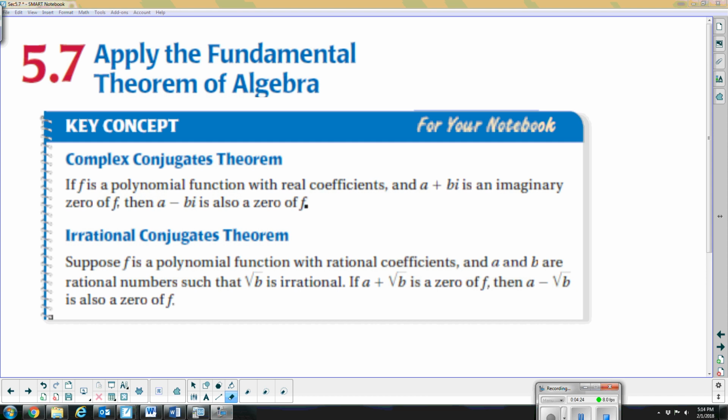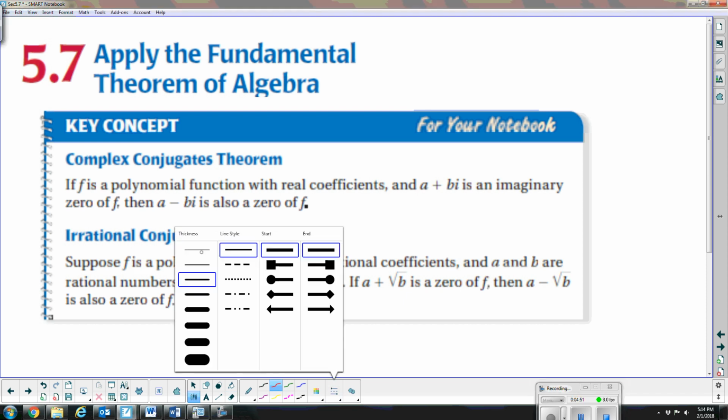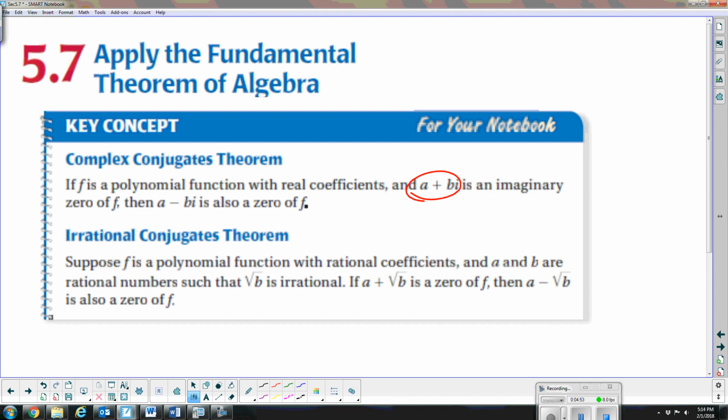All right, now this next key concept, the complex conjugates theorem. So we've worked with complex conjugates before, remember? a plus bi, and then we multiplied our fractions by the complex conjugate, which is the opposite. So if f is a polynomial function with real coefficients, and a plus bi is an imaginary 0 of the function, then a minus bi is also a 0.